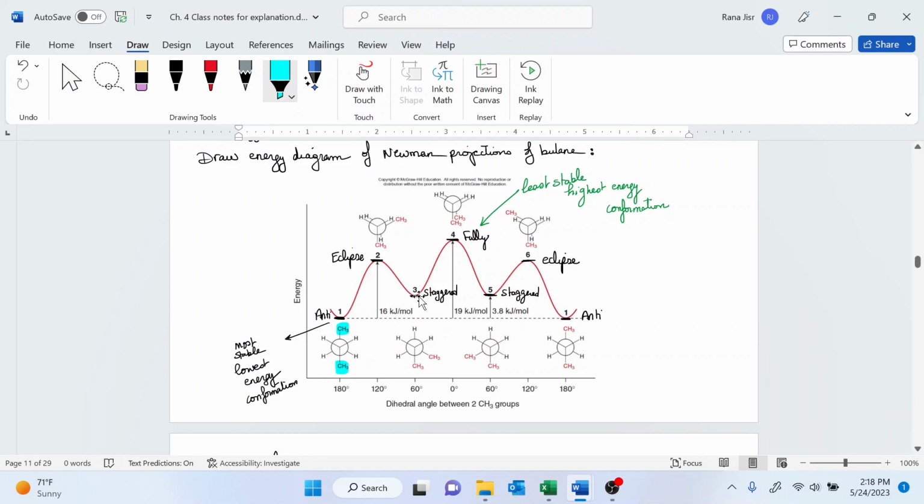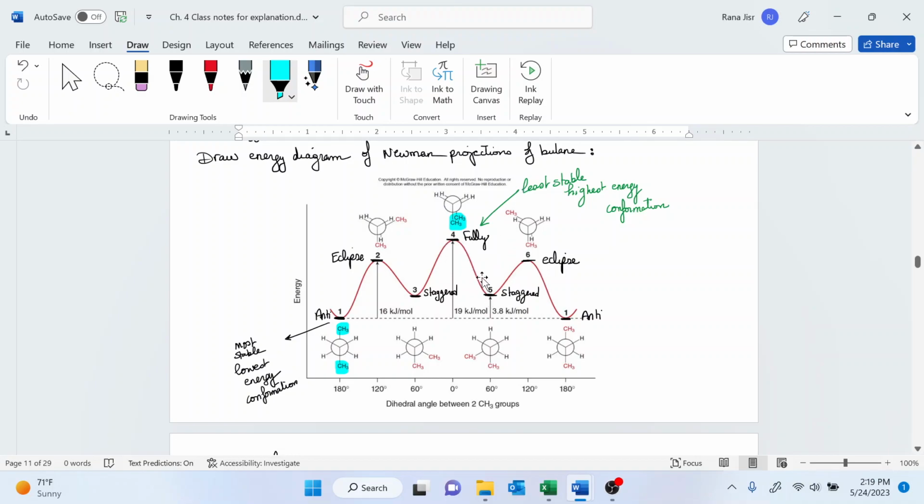Do another 60 and then you end up getting your fully eclipsed. Fully eclipsed is the one that has the highest energy. Why? Because your CH3s, these are the biggest group in your molecule, and these two CH3s are aligning with each other. This causes the Newman projection to have the highest energy and the least stability.